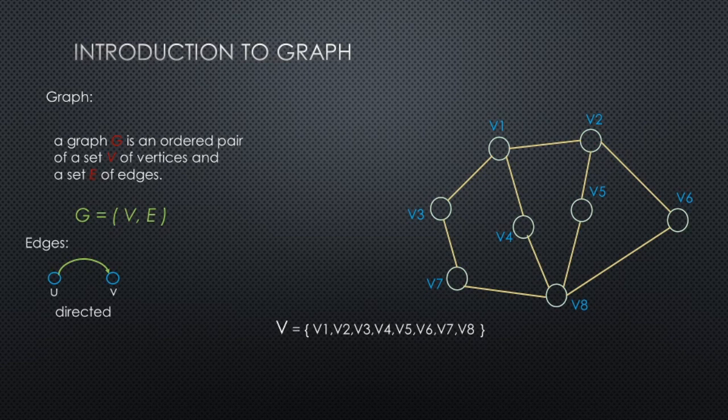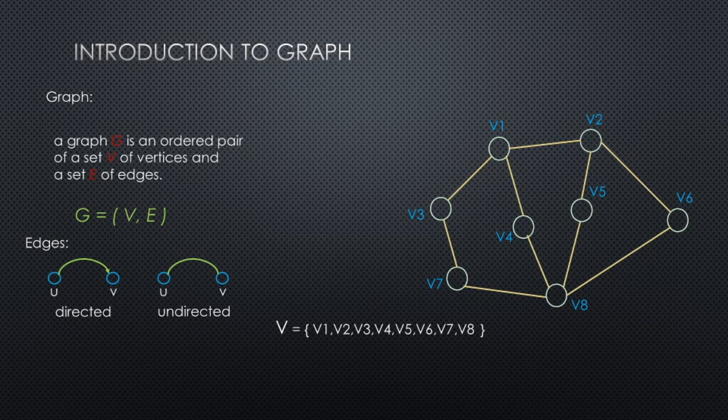We can have a directed edge in which the connection is one way. Or we can have an undirected edge in which the connection is two-way. In this example of graph that I'm showing here, the edges are undirected. But if you remember the tree that I had shown earlier, then we have directed edges in that tree.